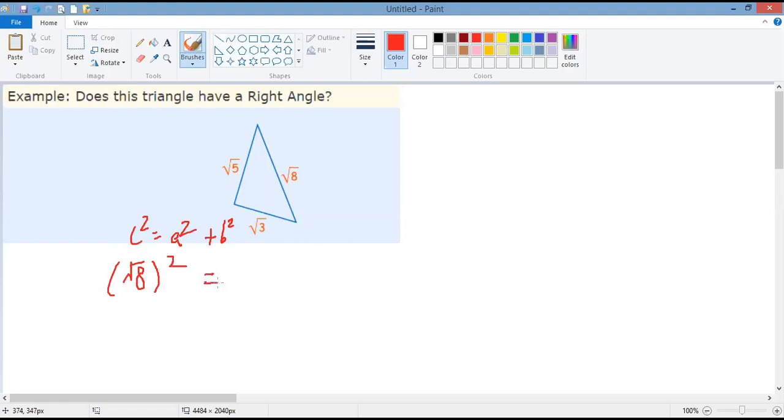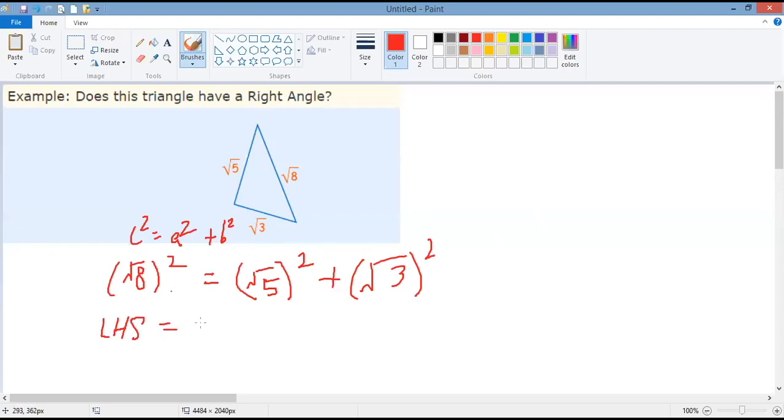So c square, and a and b, just simply put square plus. Then just test whether the left hand side equals the right hand side. So I do like this.